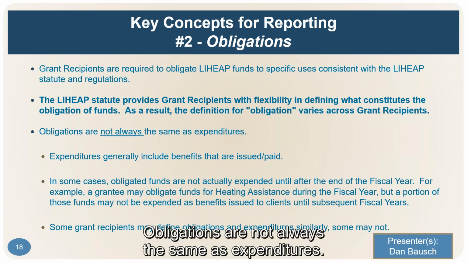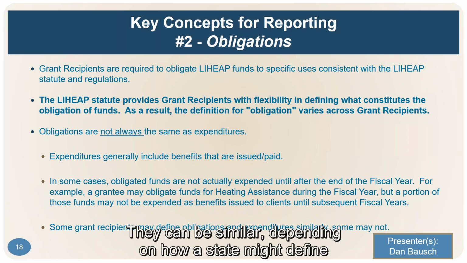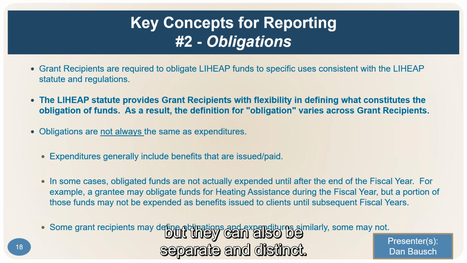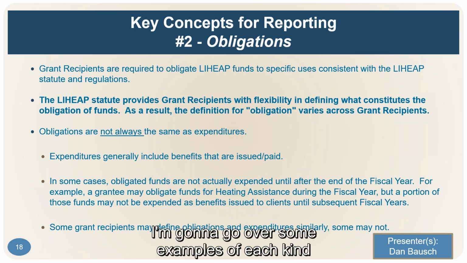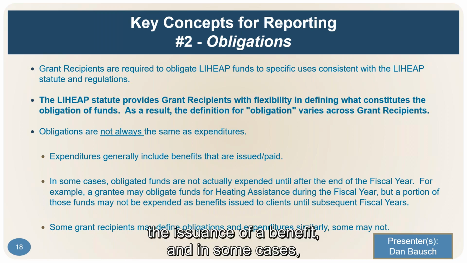Obligations are not always the same as expenditures. They can be similar depending on how a state might define what an obligation is, but they can also be separate and distinct. So I'm going to go over some examples of each kind that different grant recipients use, but expenditures generally include the issuance of a benefit.